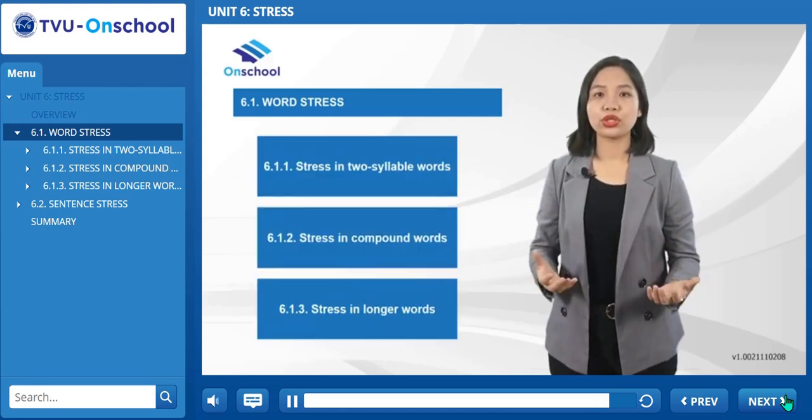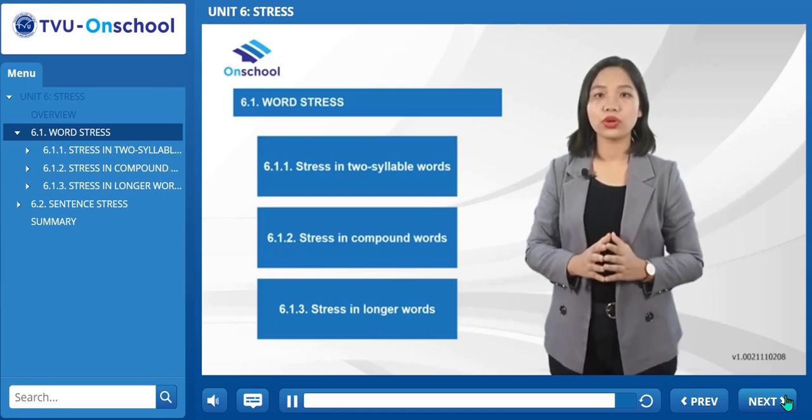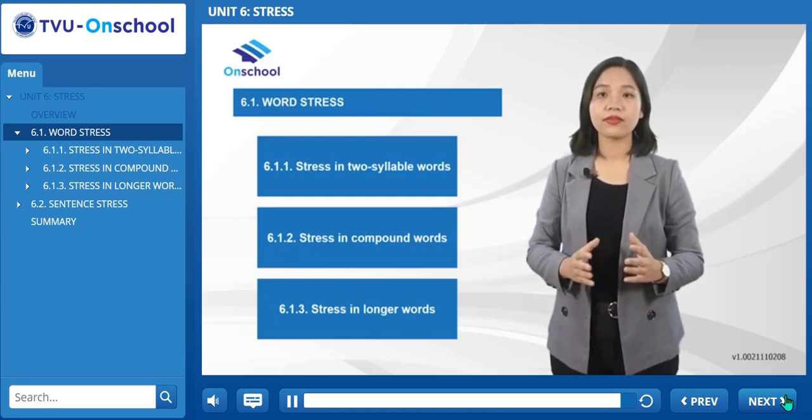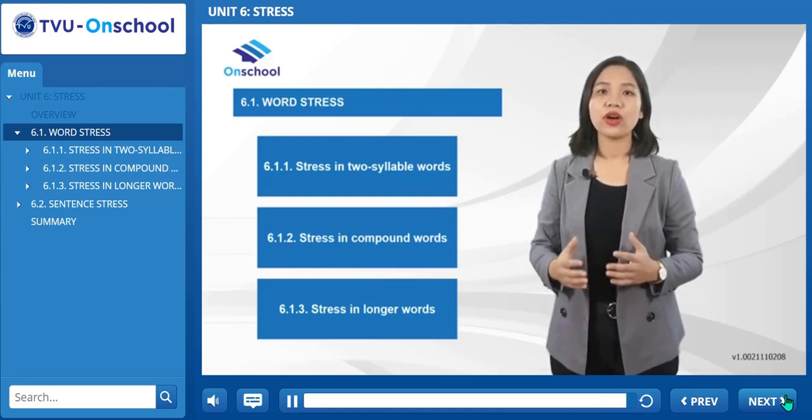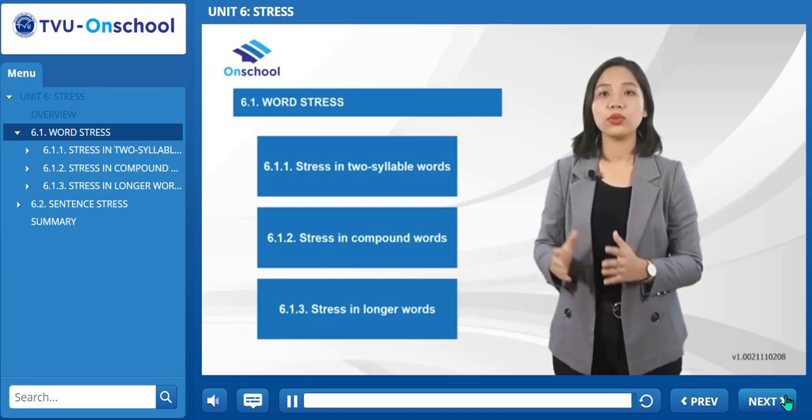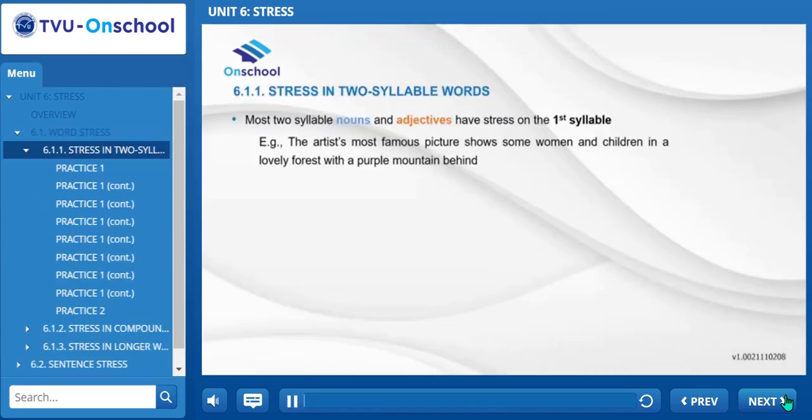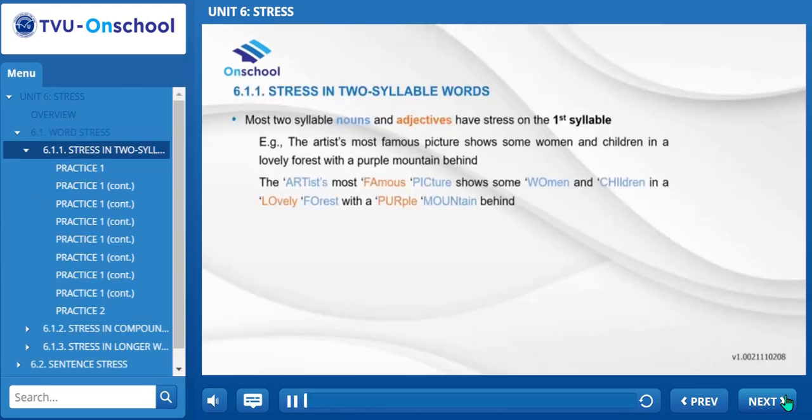There are some rules that could help you to find the word stress faster. First, let's see how to find word stress in two-syllable words. Okay, the nouns in this sentence are artist, picture, women, children, forest, and mountain.